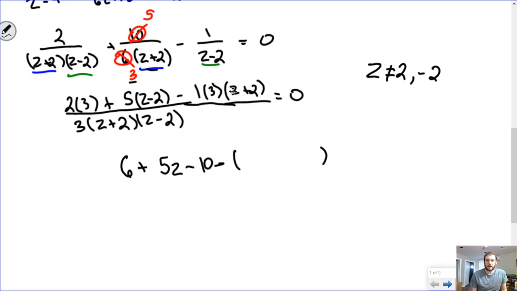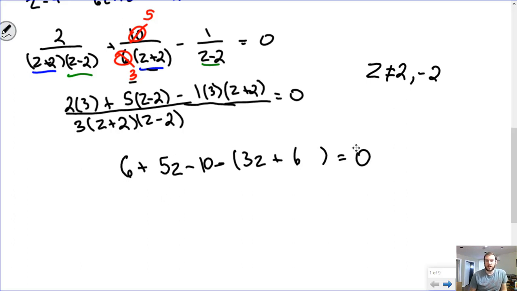So 1 times 3 times z is 3z, and 1 times 3 times 2 is 6. And this thing is going to be equal to 0, right? Again, the denominator didn't go away. It's not like it just went away for no reason. We just don't really care about it. We're not going to focus on it for a second. We're just going to look at the numerator and ask, when will the numerator be 0? So that's what I'm solving for now.